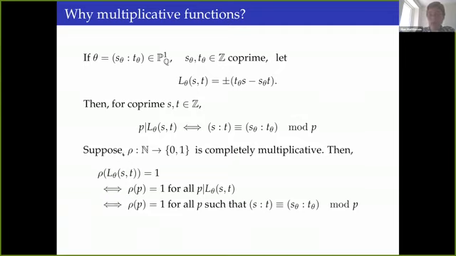And now if you look at a completely multiplicative function that takes values in {0,1}, and evaluate this multiplicative function at such a linear form, at coprime s,t, then this expression takes the value 1 if and only if the function takes the value 1 at all primes that divide the form, or if and only if the function ρ takes the value 1 at all primes for which the point (s,t) is congruent to this original point (s_θ, t_θ) modulo p.